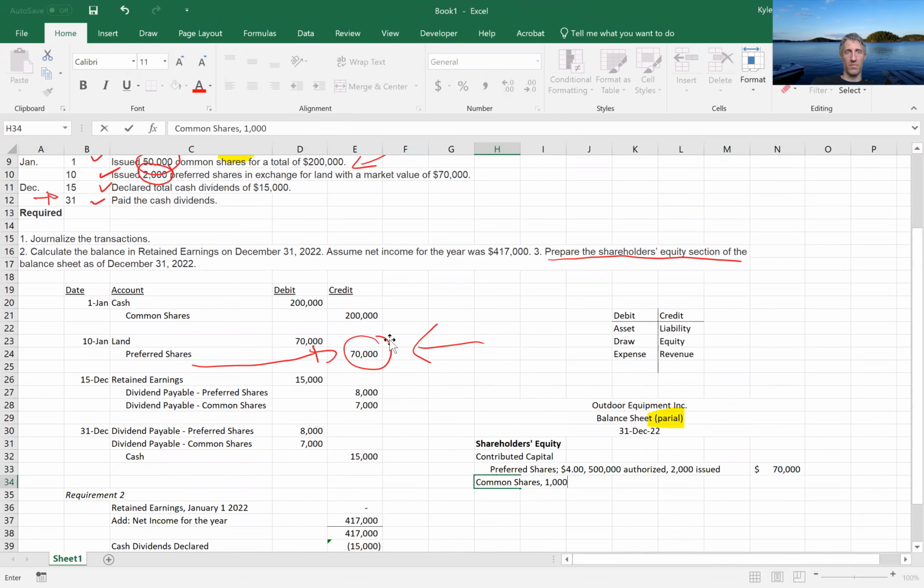So 1 million authorized. Then they had 50,000 issued and outstanding. And the amount that they were issued for is 200,000.